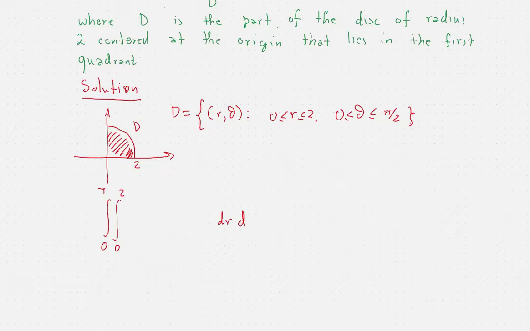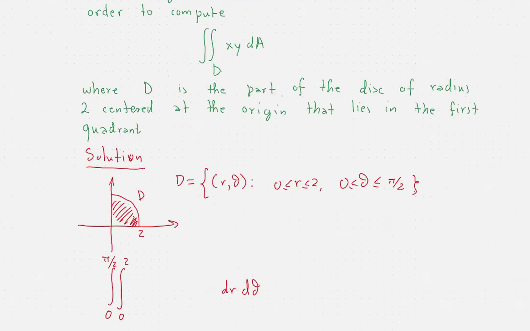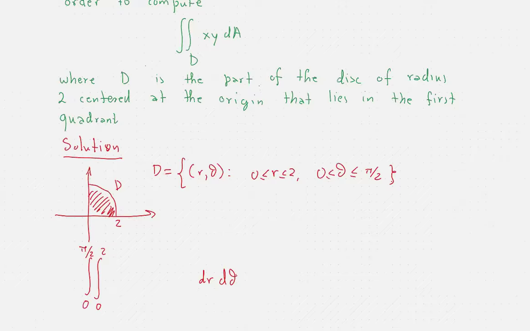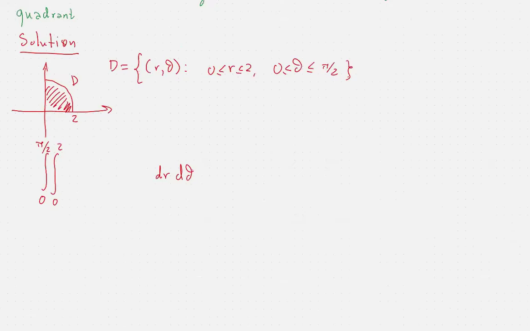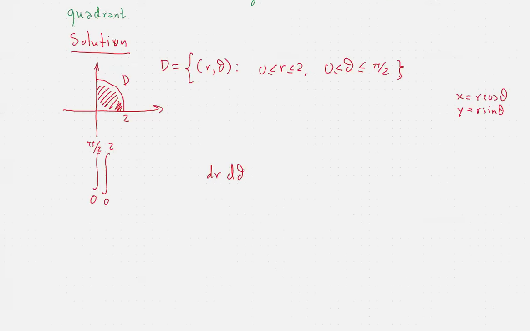And then the second thing that we should do is express the integrand, which is xy, in terms of r and theta. So for that, let's recall that x is equal to r cosine theta and y is equal to r sine theta. So this will give us r cosine theta times r sine theta.